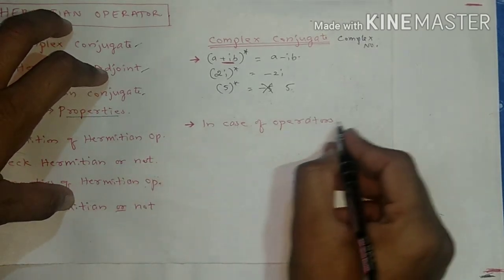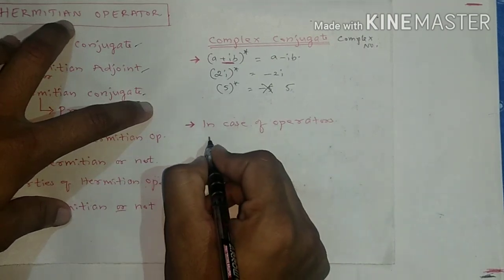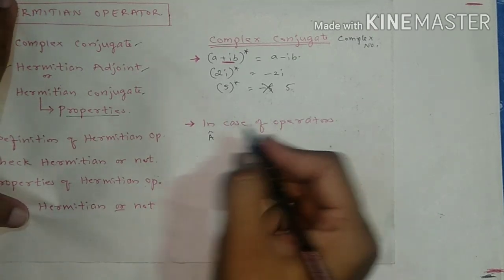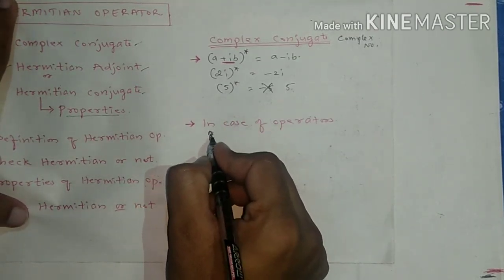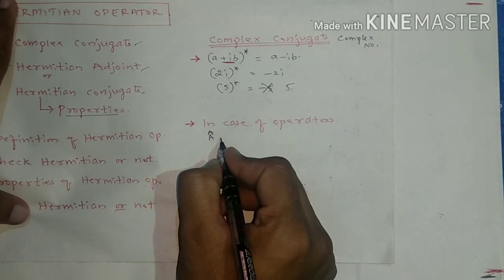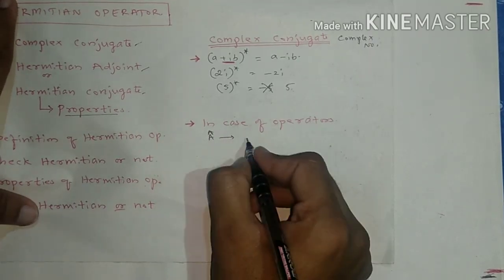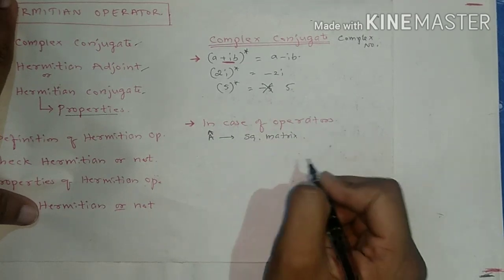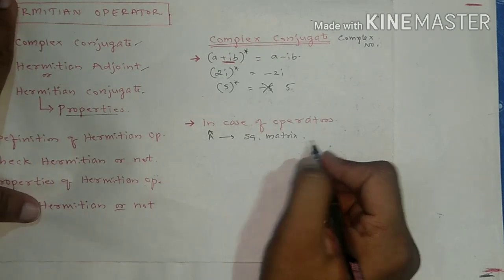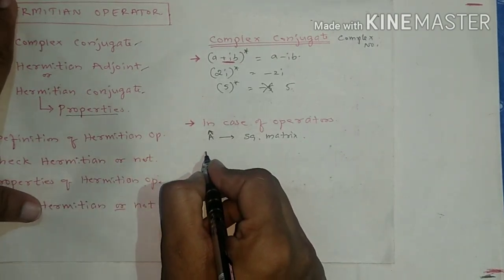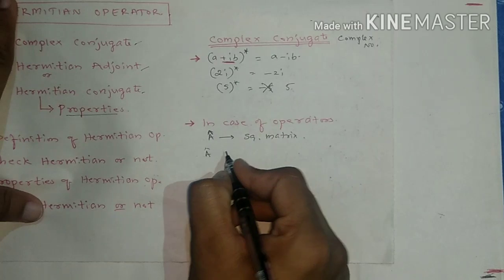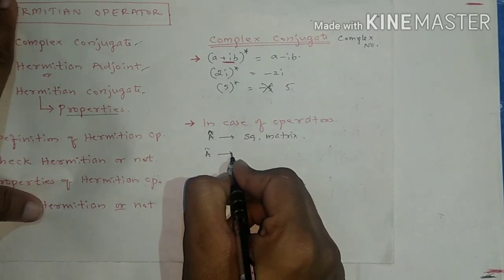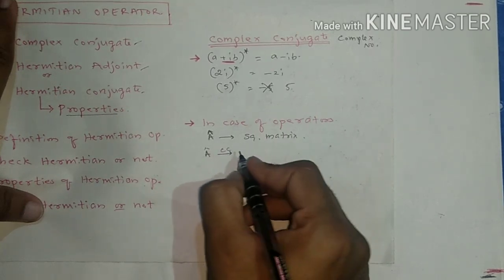But when we go for operators, what do we do to find the complex conjugate? We have seen in the lecture on operators that every operator is denoted by a square matrix. So let us say that we have an operator A, and let us find its complex conjugate.